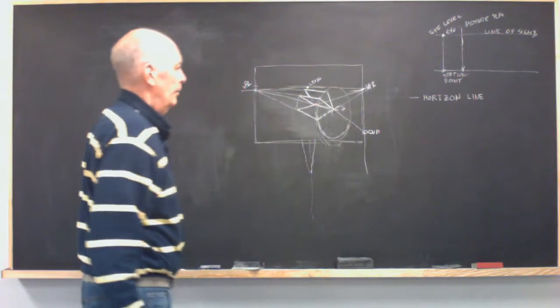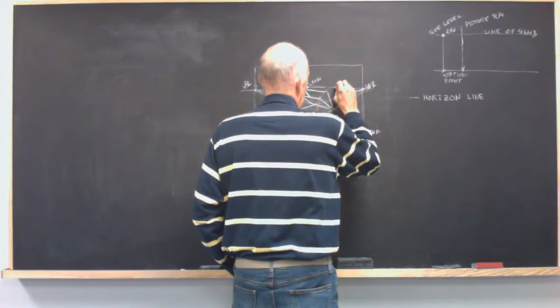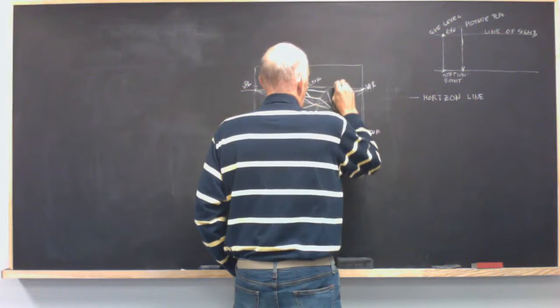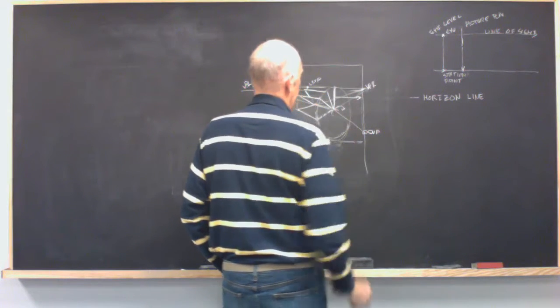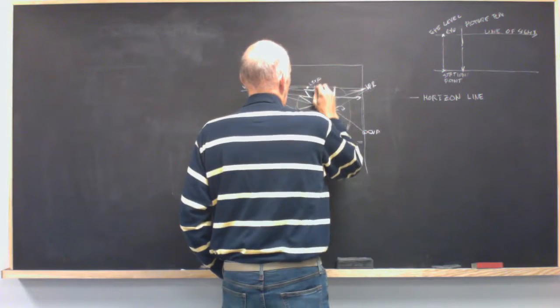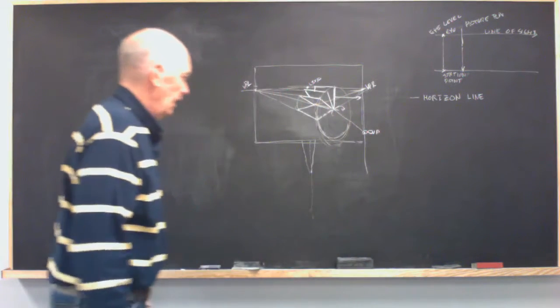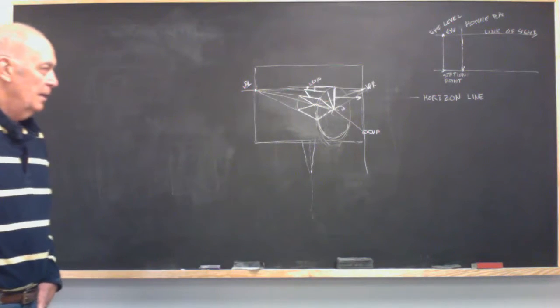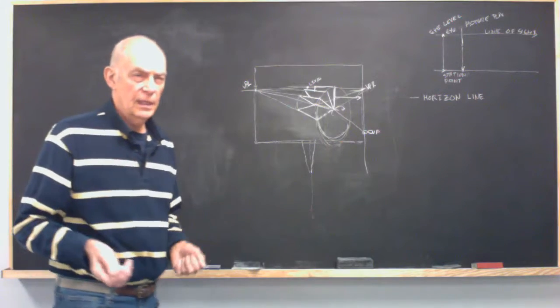I kept lifting it up. Now if I keep lifting it up, it's going to finally get vertical again. In other words, it'll be parallel to the sides of the picture plane. At that point, it'll look something like that. Now that's an inclined plane towards you.